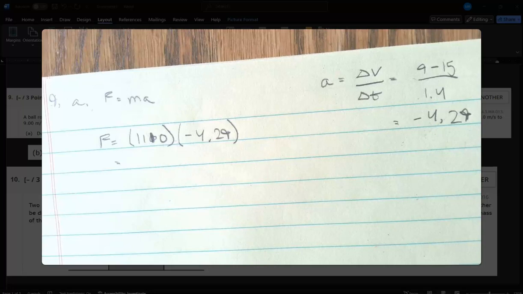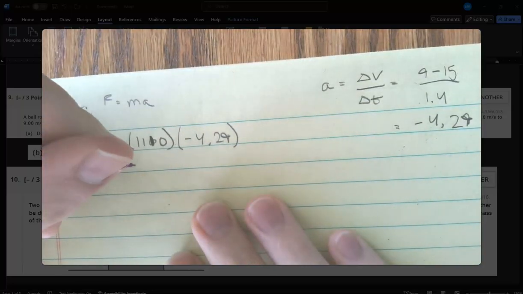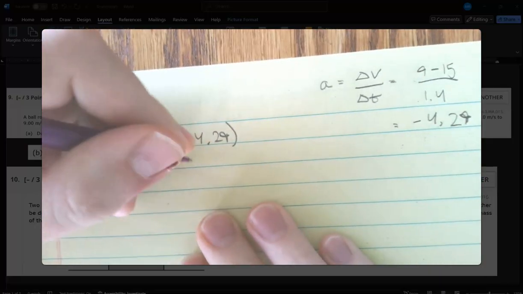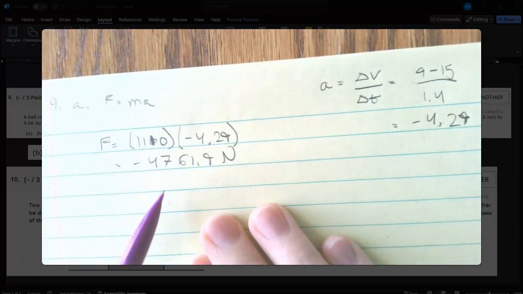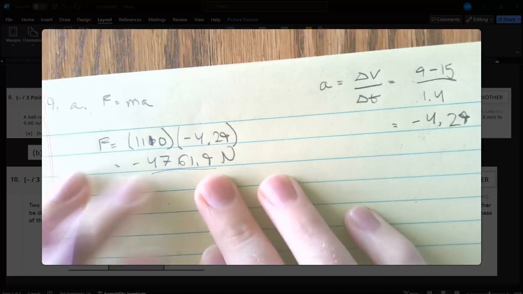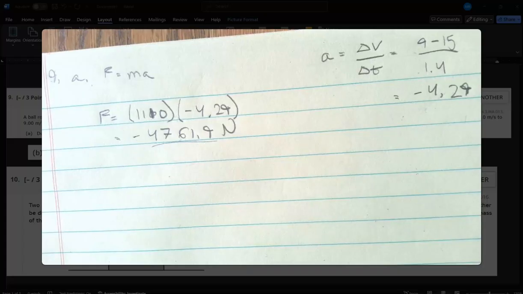So you have 1,110 times 4.29, and you end up with negative 4,761.9 newtons. The first part I think is just asking for the magnitude, so you're just going to put in the number there. And since it's negative, the force is being applied backwards, so it's opposite of your current motion.